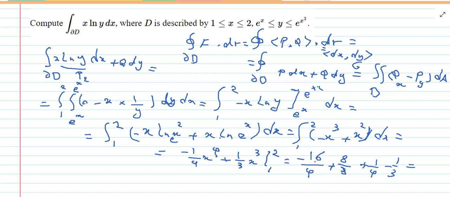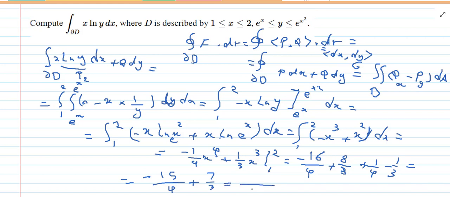And if we compute this one, this is 7 over 3, so we will reach minus 16 plus 1 is minus 15 over 4, plus 8 minus 1 is 7 over 3.